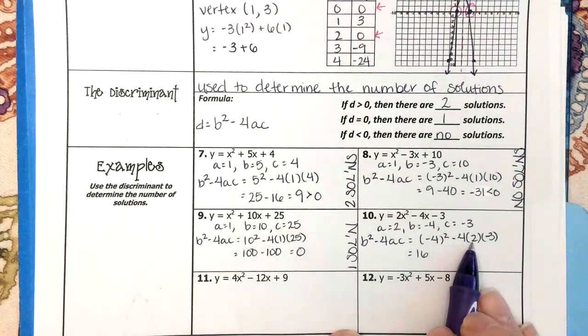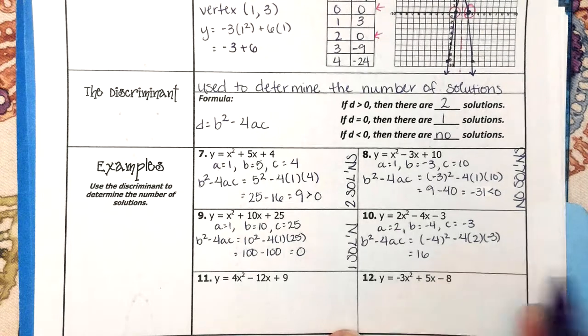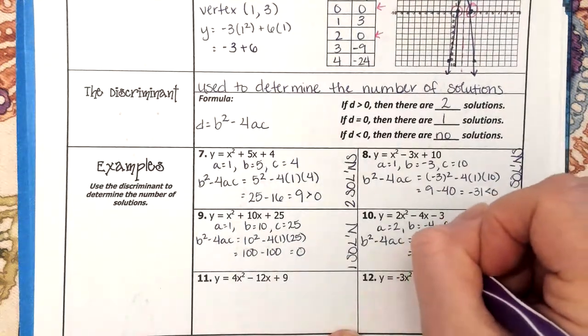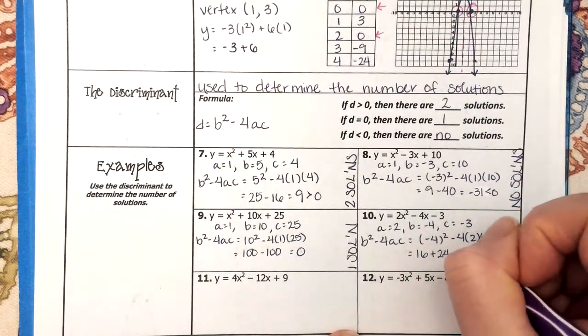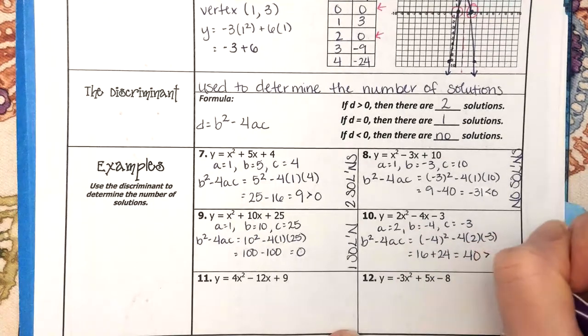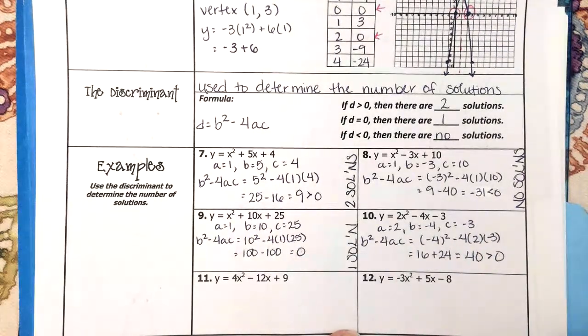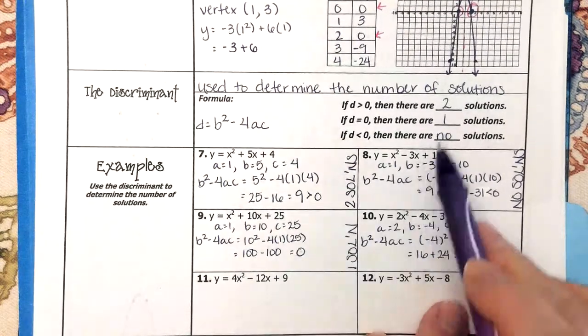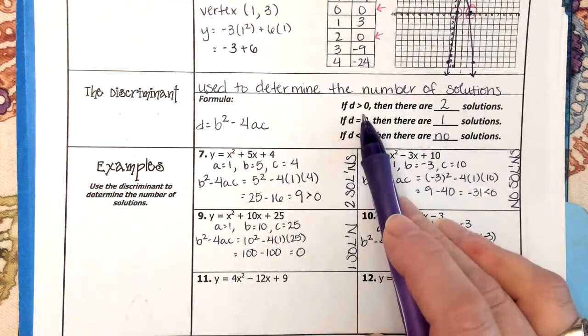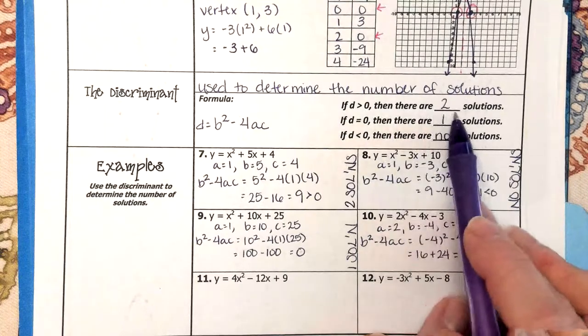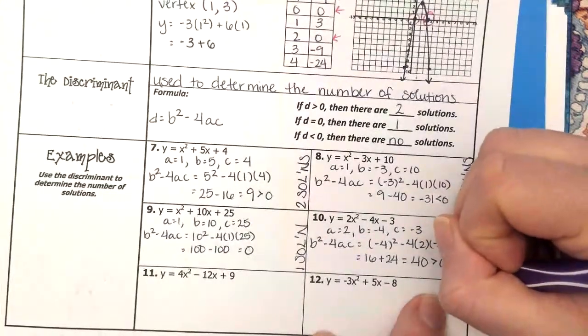Negative 4 times 2 is negative 8, times negative 3 is positive 24. So that is 40, which is greater than 0. So when my discriminant is positive, this one has two solutions.